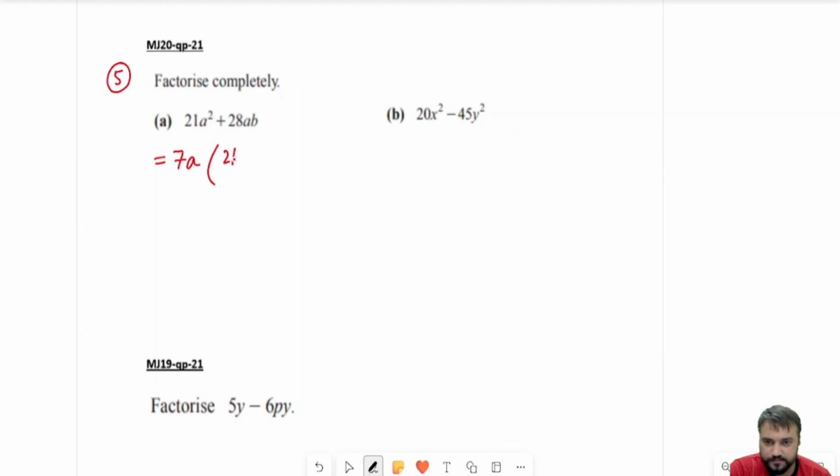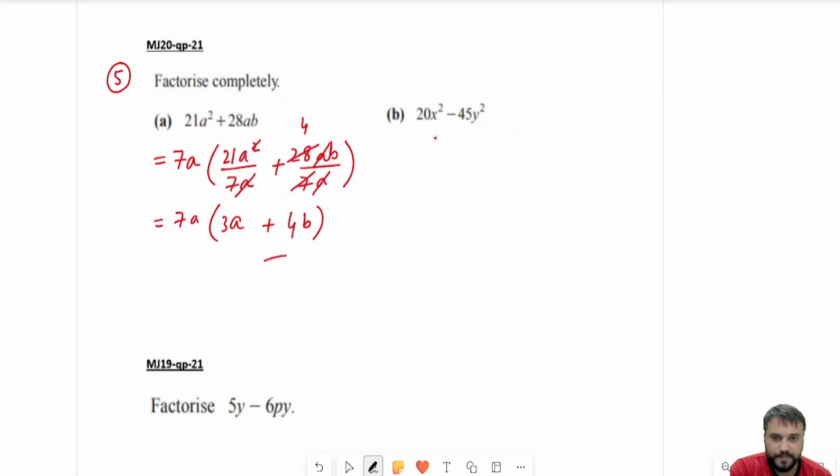The rule is we have to divide each term by the common value, plus 28 ab divided by 7a. Now we are going to cancel the values. 7 one time, 7 3 time, 21, and this a can be cancelled, the rest is only a. 7 4 time, 28, a can be cancelled out, 4b.